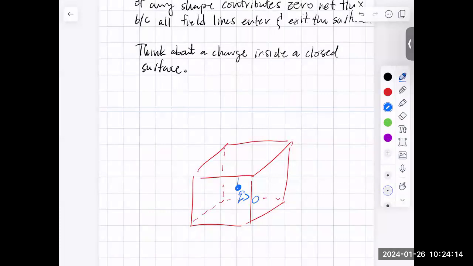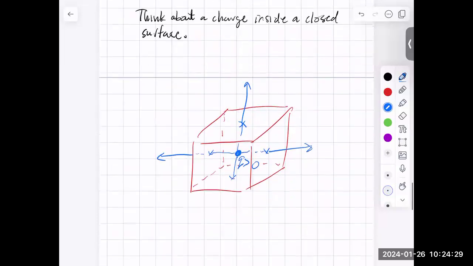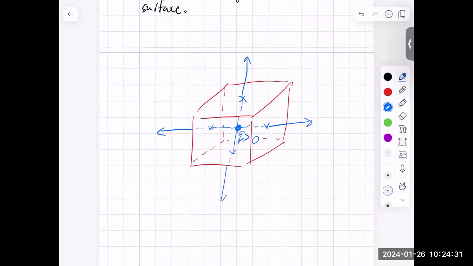And now if I draw its electric field, it's going to punch through in a bunch of places, like so. I don't want to draw a million of them, but I'll draw a few.